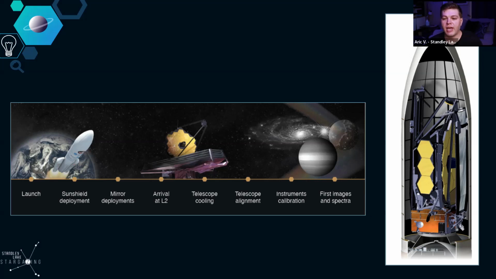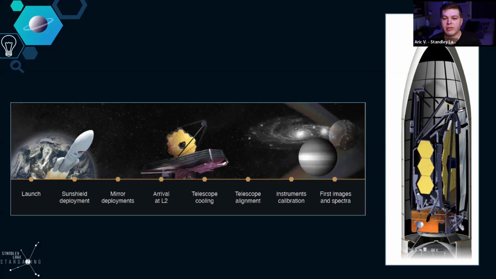But because it has to lose energy, or cool down effectively, through radiative processes only, no convection, no conduction, they had to immediately deploy the sun shield in order to start that process on the way out to the Lagrange 2 point, the Earth-Sun Lagrange 2 point. We'll talk about what that is also as well.